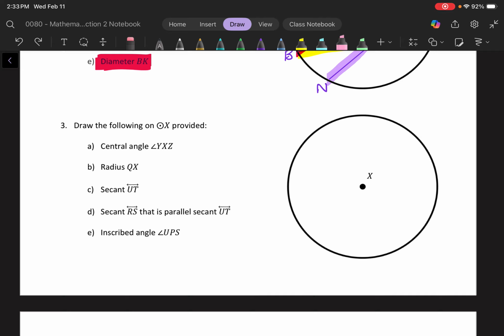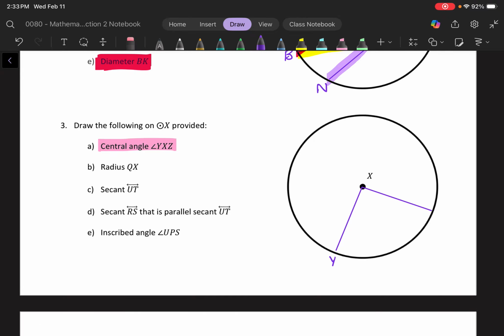Now, I want to start by drawing a central angle. Now, a central angle is made up of 2 radii. Now, what I'm about to draw might look different than what you have on your sheet, and that is okay. But you do need to have a central angle that is made up of 2 radii, and it has to go through the center, because that's what a central angle involves.